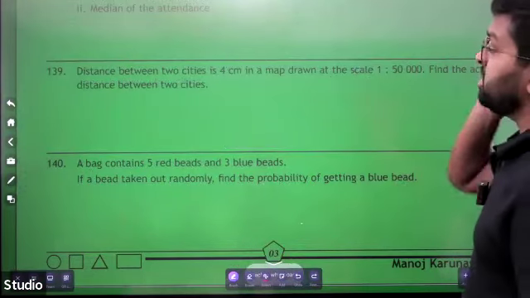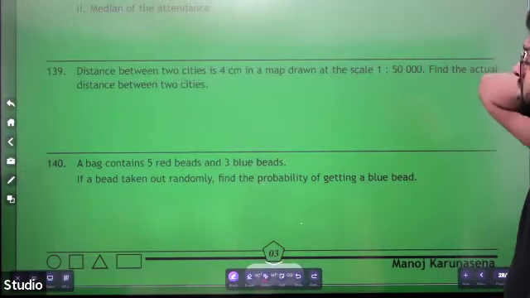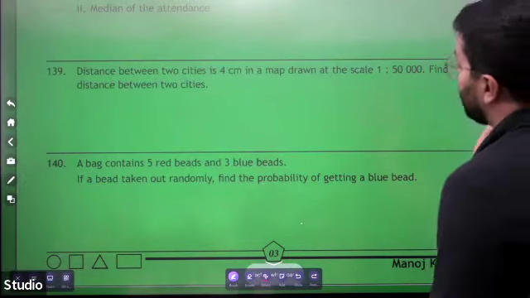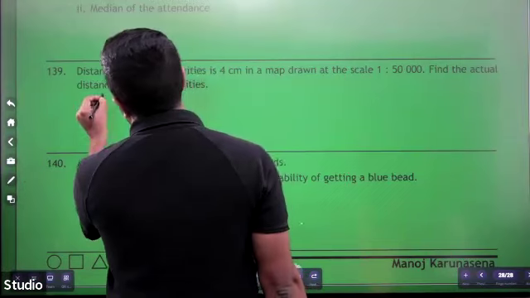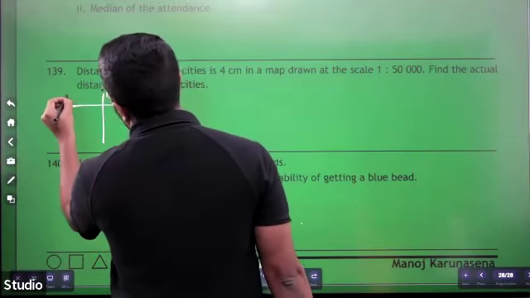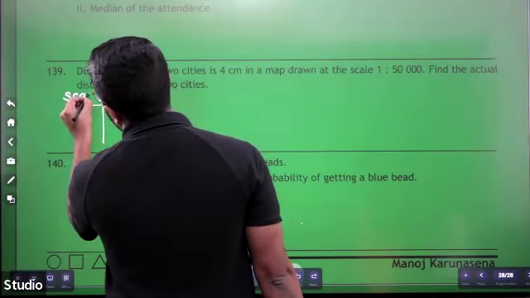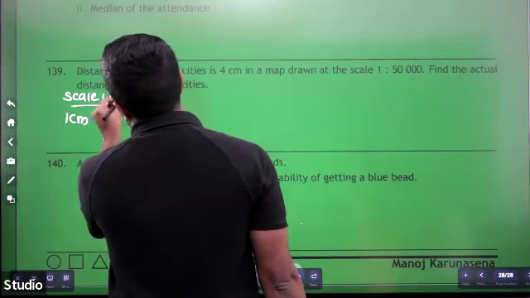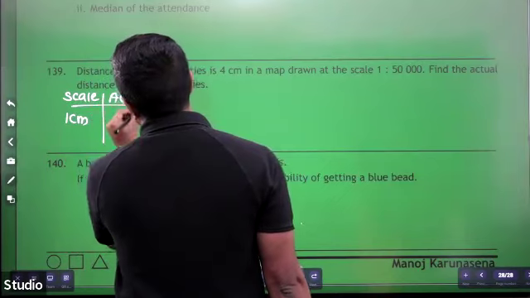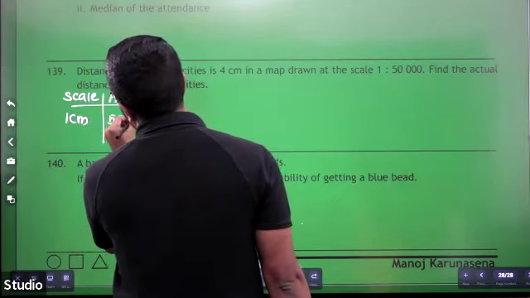Distance between two cities is 4 centimeters in a map drawn to a scale of 1 to 50,000. That means if the scale diagram distance is 1 centimeter, then the actual distance is 50,000 centimeters.